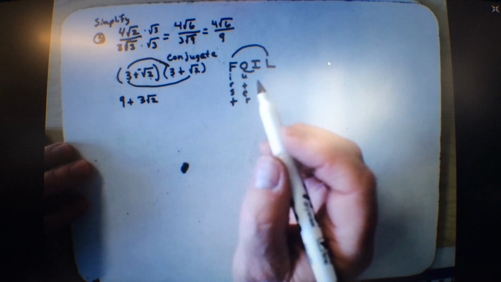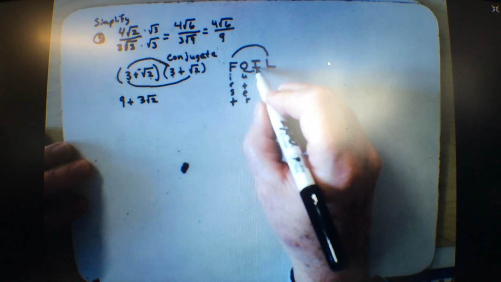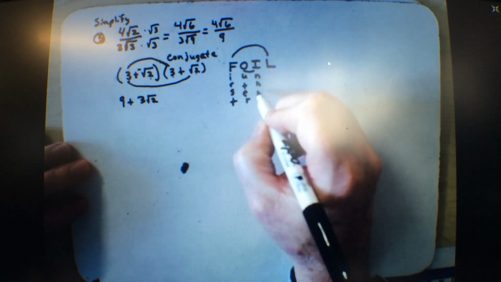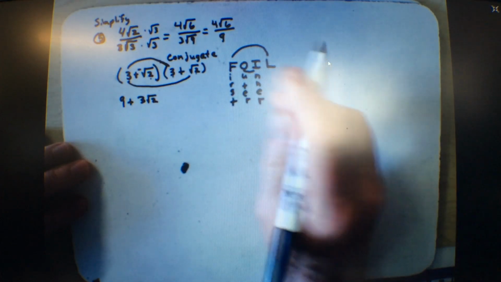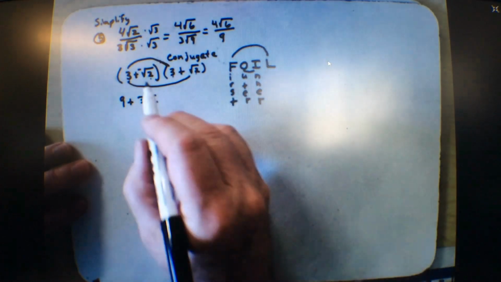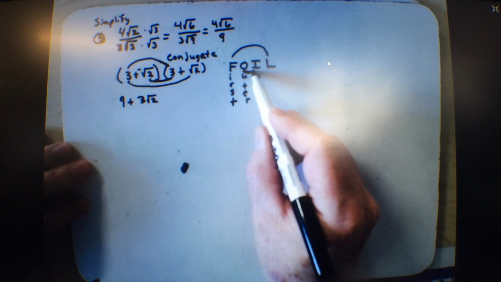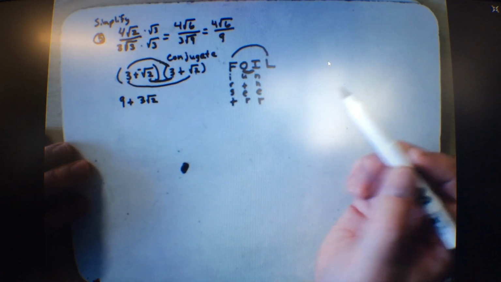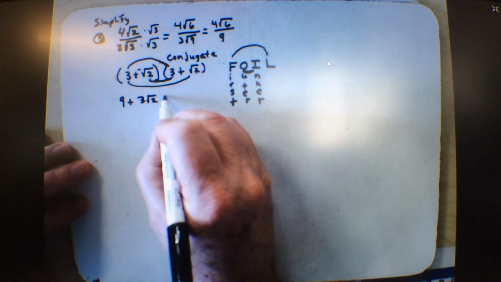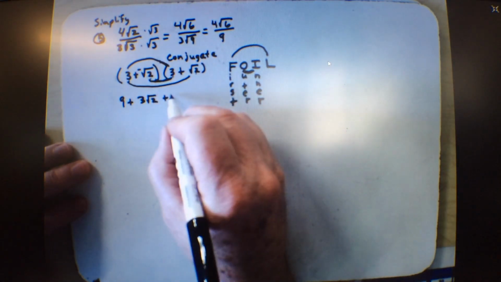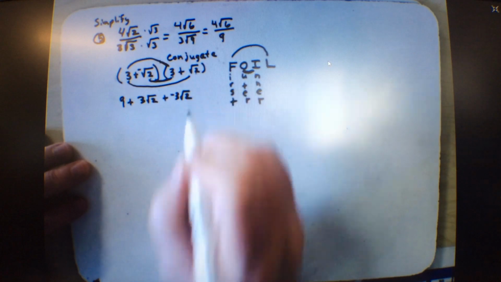You following this, Caden? Then the I stands for inner, Caden. That would be these two. And it's also done below. See how these two lines are below? All right? So I would take 3 times the negative square root of 2, which is a negative 3 square root of 2.